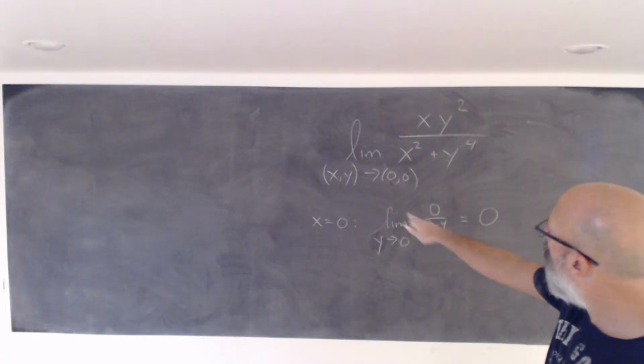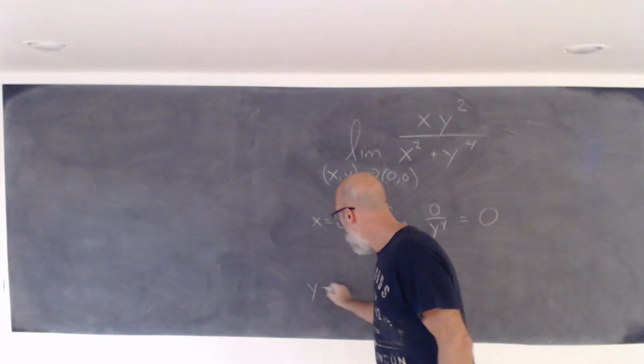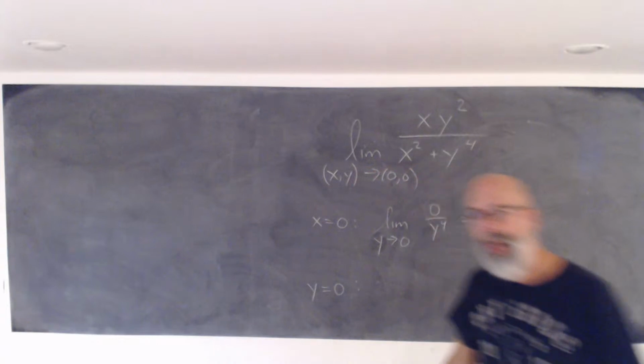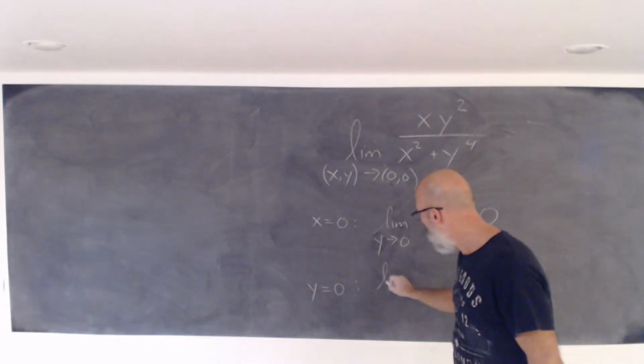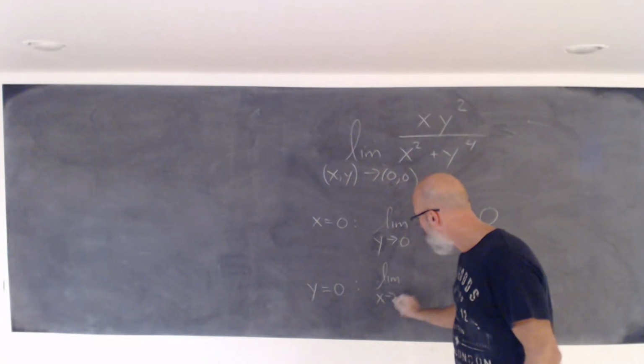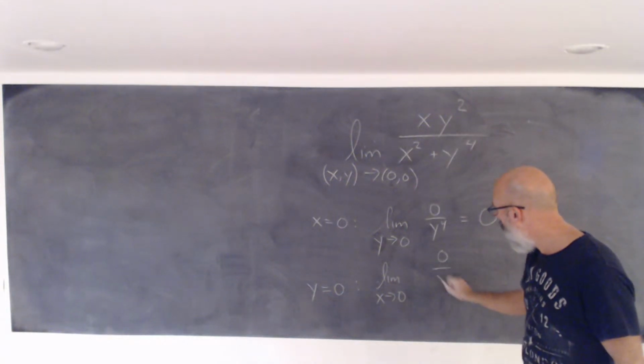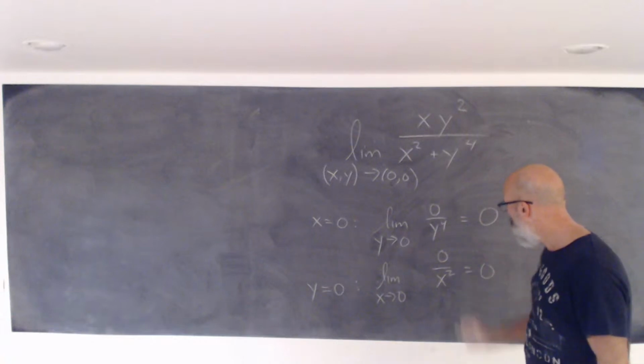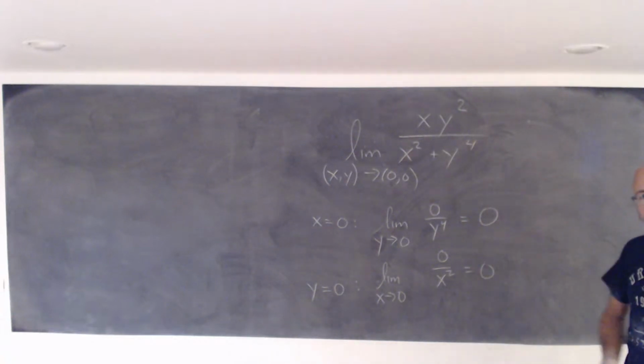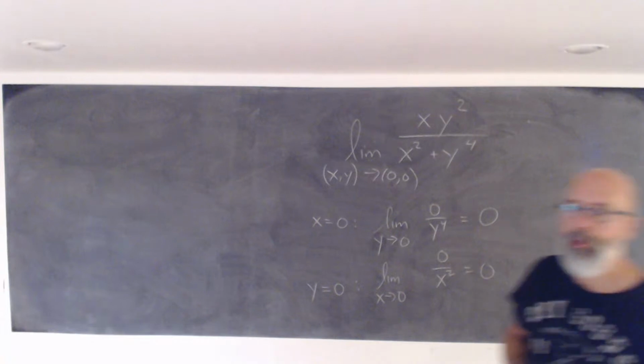On the x-axis, if y is 0, this is 0 over x squared, whose limit is 0. So, you know, they agree. Looking good.